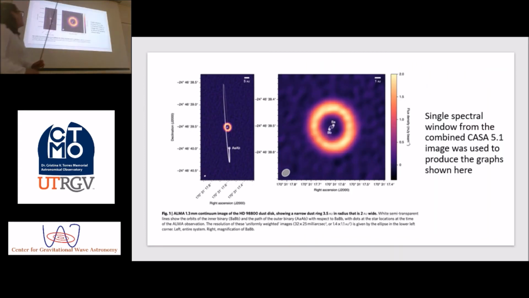So this is really cool. This is the image that resulted from the calibration and concatenation of the data that was received from this binary system. I know there were some questions about this binary star system B model that was shown earlier. That model is essentially just this part right here.